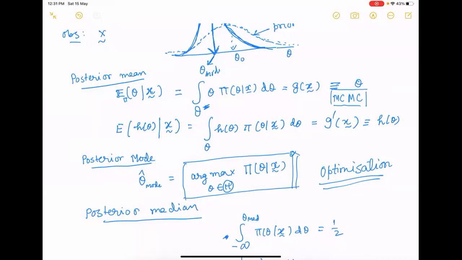This is the fundamental difference. Either you go through the Bayesian solution using MCMC to solve this high dimensional integration problem, or you solve an optimization problem to get the final solution.